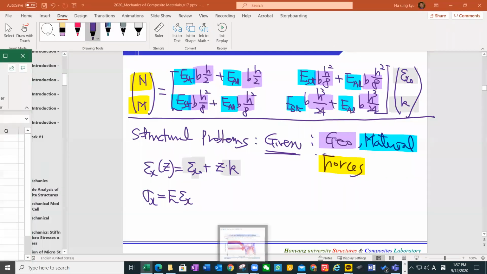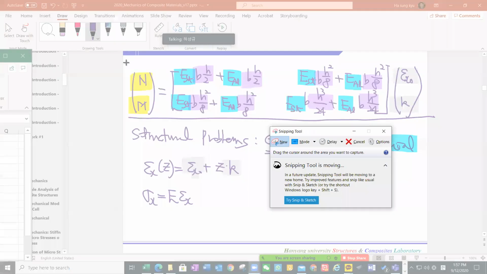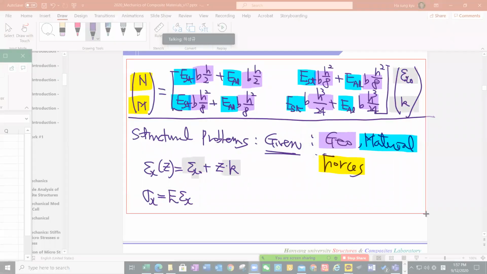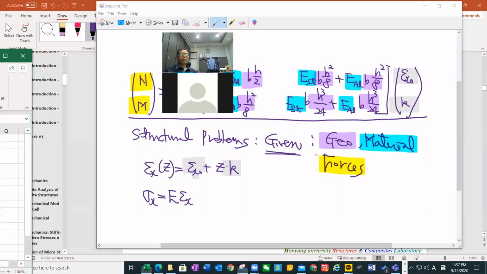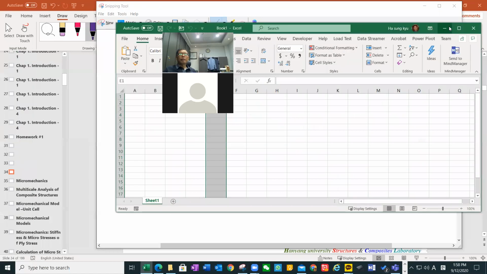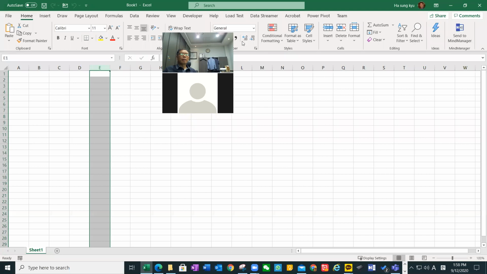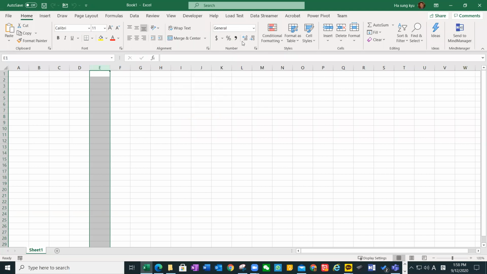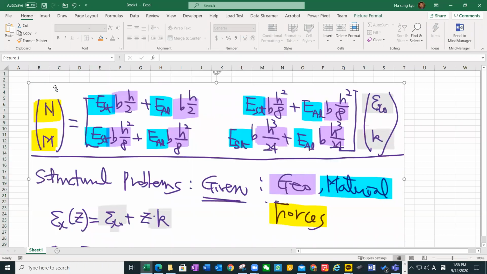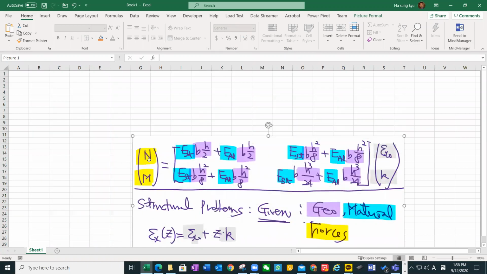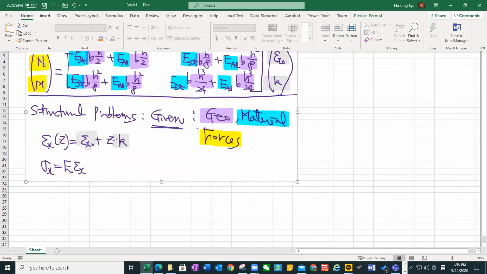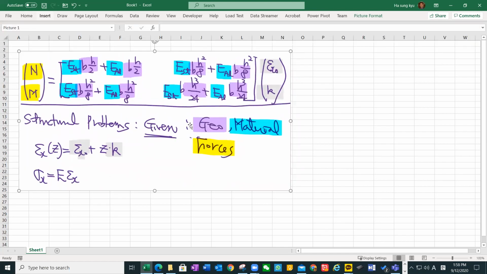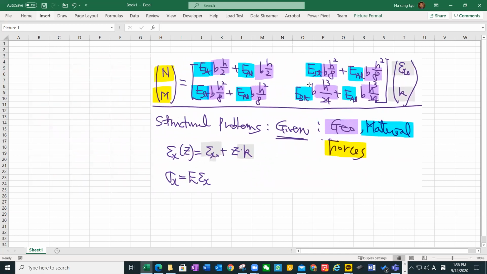Now I'd like to copy these terms. This is the result in Excel. Let's try to make a simple Excel so that we can easily calculate the values given the geometry, material and forces.